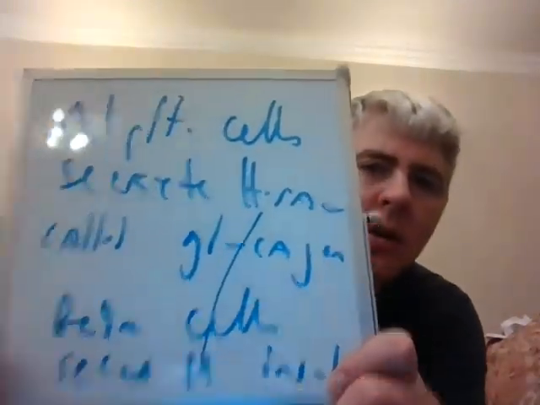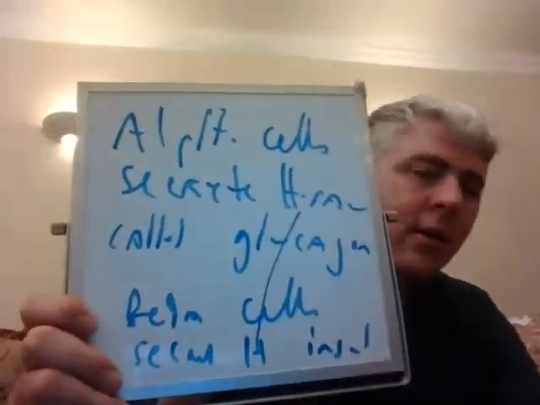Glucagon. Just wanted to show that to you. So the alpha cells secrete a hormone called glucagon, and the beta cells secrete a hormone called insulin. That's basically what I want to show you.